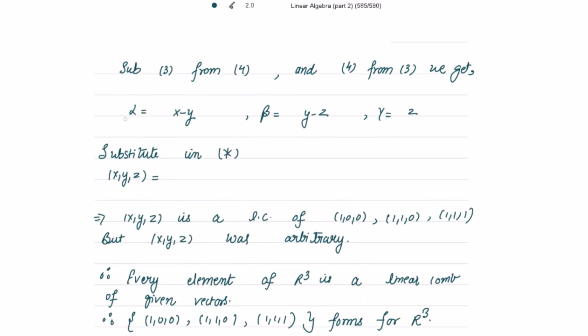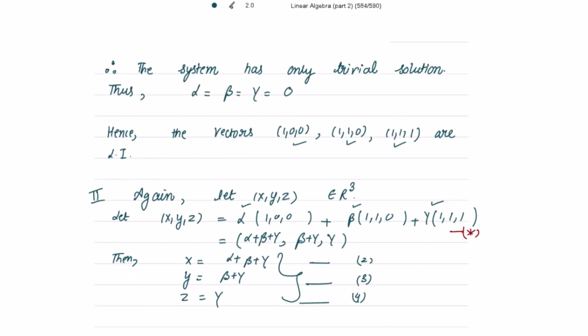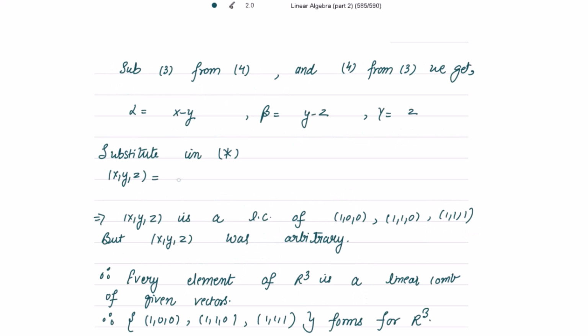So now substituting this alpha, beta, gamma in the star, right? So let me substitute this value, x minus y (1, 0, 0) plus y minus z (1, 1, 0) and gamma is z (1, 1, 1).